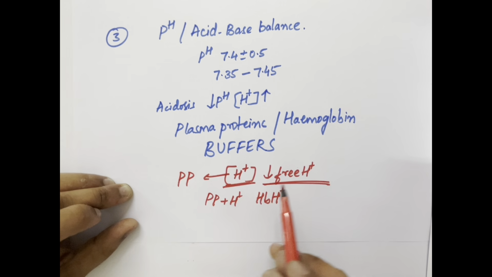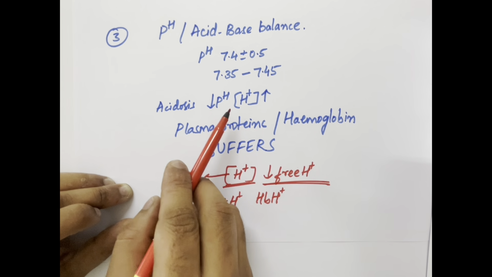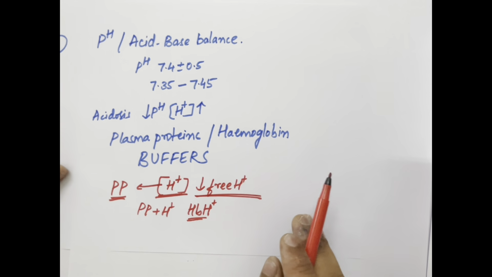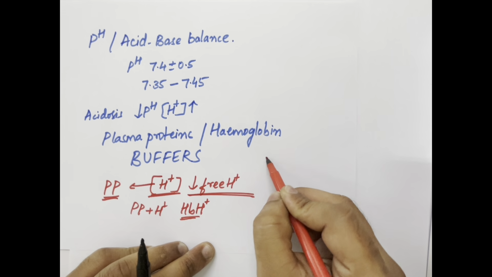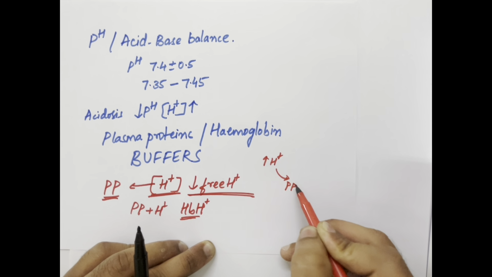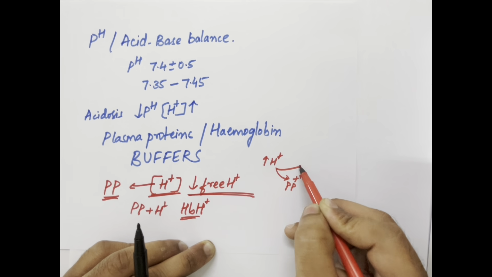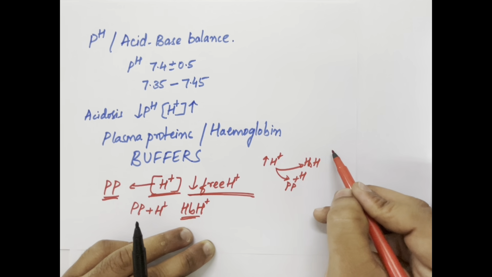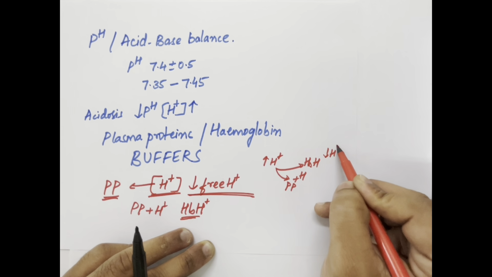So when there is increased free hydrogen ion concentration, these free hydrogen ions bind to the plasma proteins or hemoglobin, and there is a decrease in the free hydrogen ion concentration. So it's like a feedback mechanism bringing it back to normal.